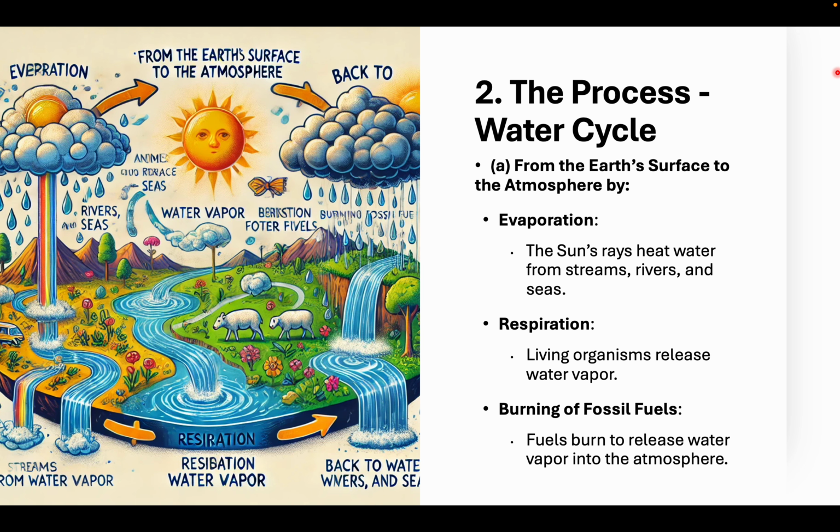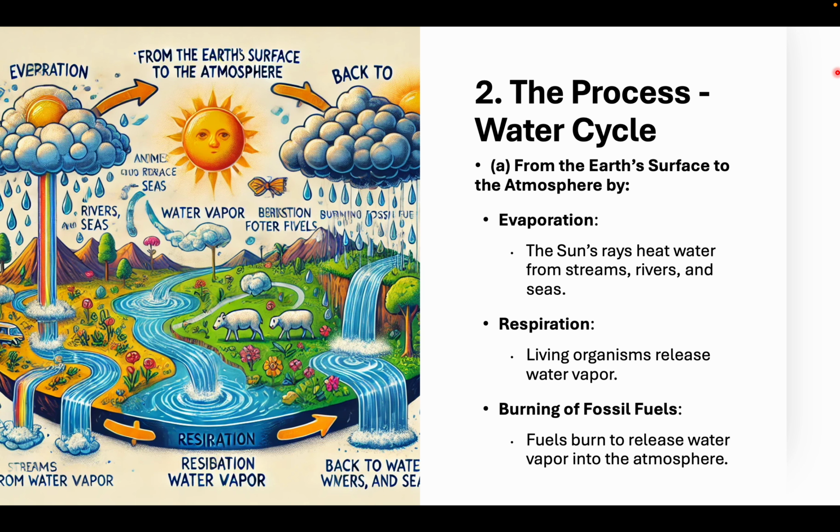Now, there are two parts to it. One from Earth to atmosphere, second back to Earth. Correct? When it comes to Earth to atmosphere: evaporation, respiration, and burning of fossil fuel. Evaporation: the sun heats water from rivers and seas.